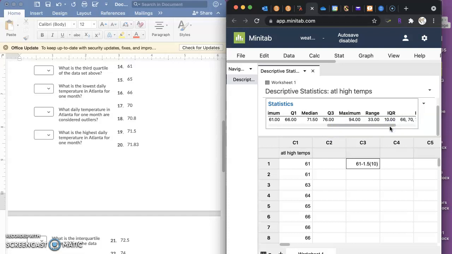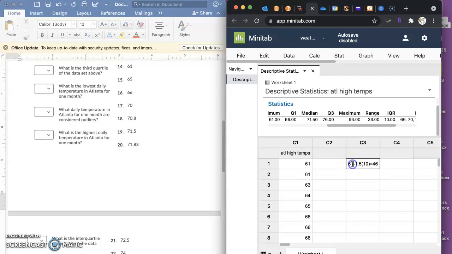So that is 61 minus 15. So that number is 46. So if there are any numbers lower than 46, we would call that an outlier because it lies way outside the rest of our temperatures.